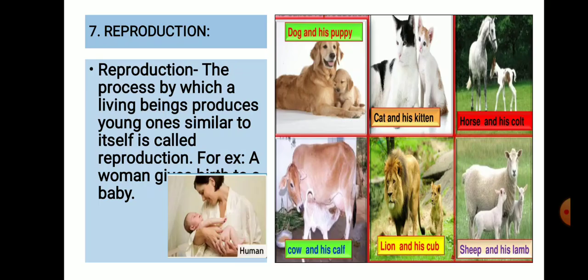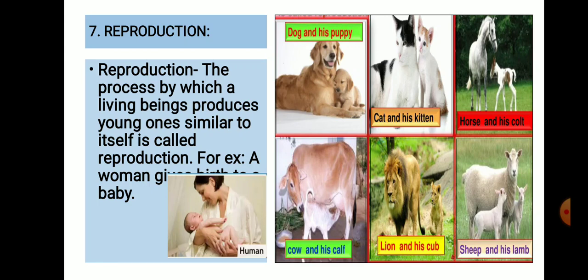The next characteristic is reproduction. The process by which a living being produces young ones similar to itself is called reproduction. For example, a woman gives birth to a baby. Reproduction is a biological process by which a new organism is produced from its parents.